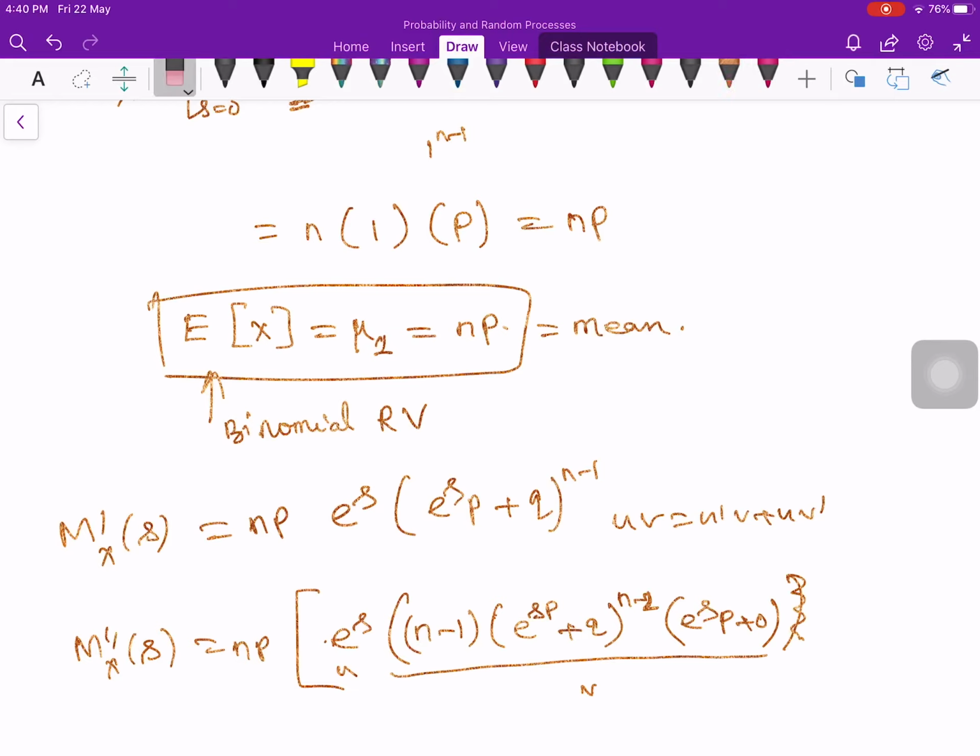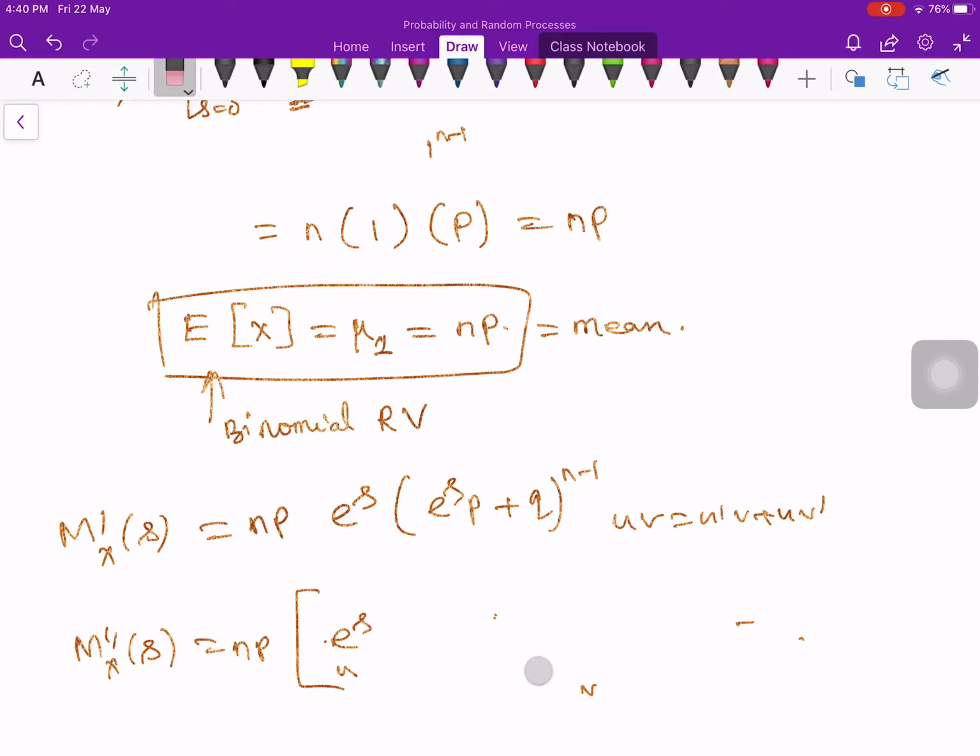Let me write one more time, I got confused. See, u dash v: e to the s as it is, times (e to the s p plus q) whole to the n minus 1, plus e to the s as it is times the derivative of the second component.